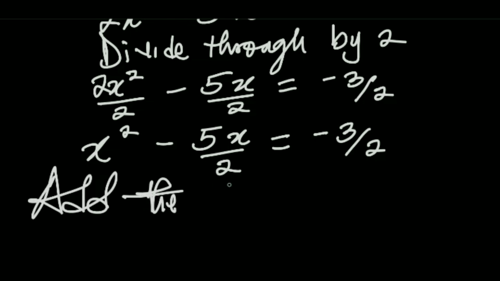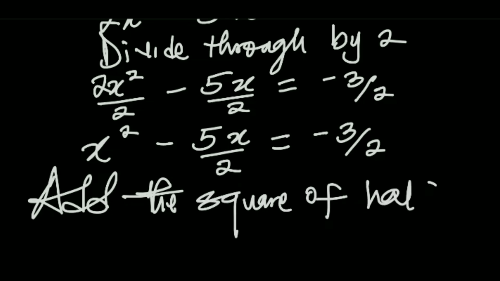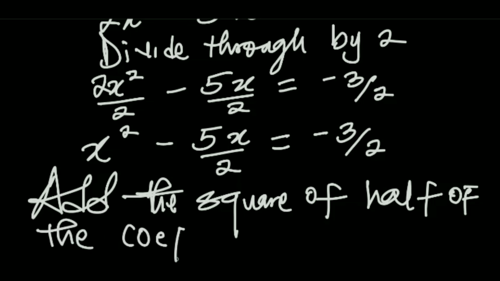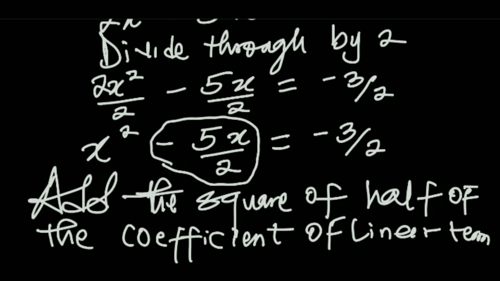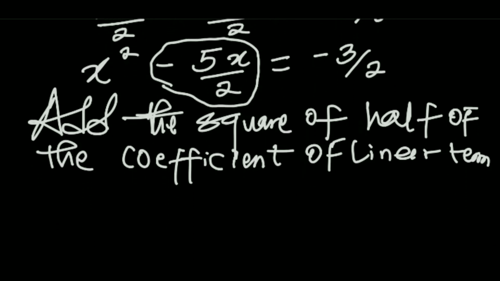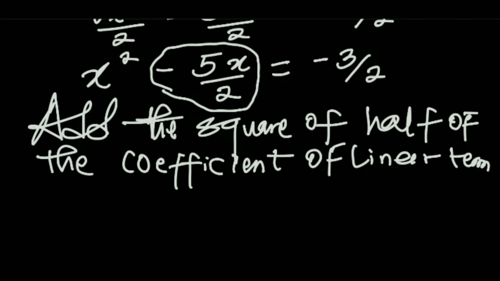So, you need to first of all identify the linear term. The linear term here is minus 5 over 2x. And so, the coefficient of the linear term is minus 5 over 2.